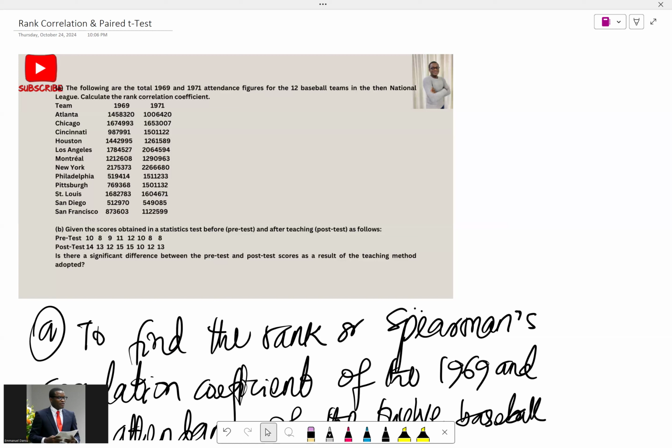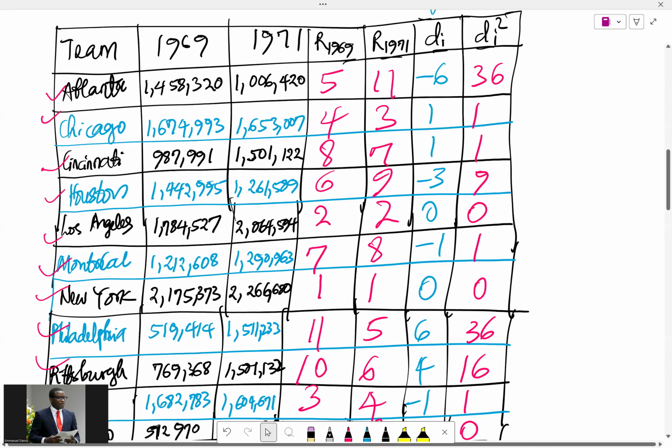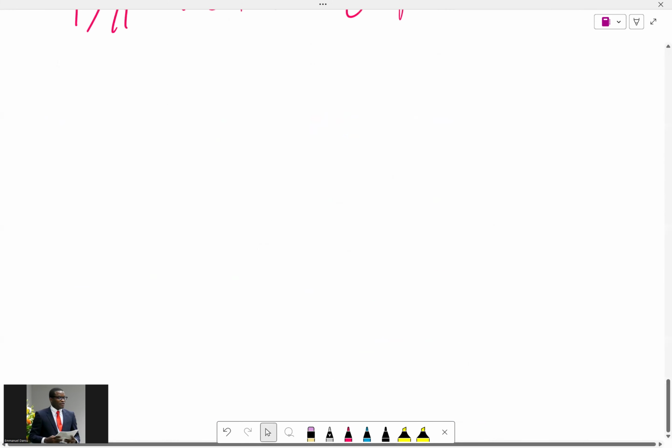Will it be paired Z test or paired T test? Paired Z test works when you have a large population, like N is 30. But here, N is less than 30. N is just 8 data points. That means you're going to go for a paired T test.